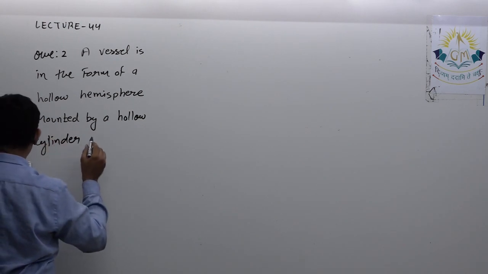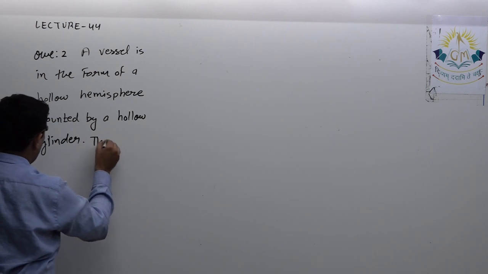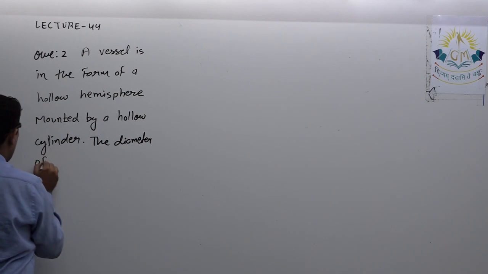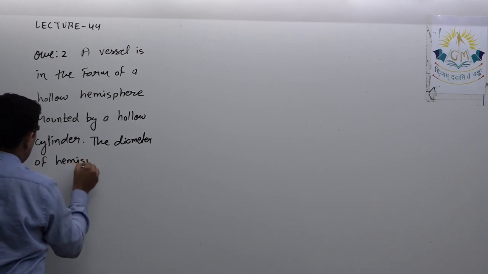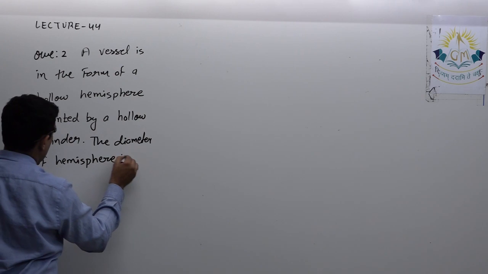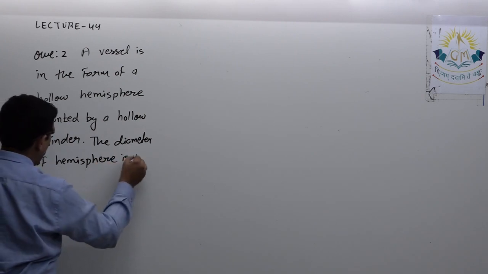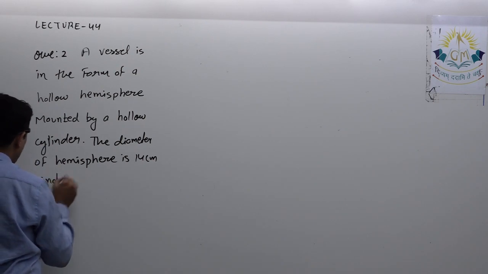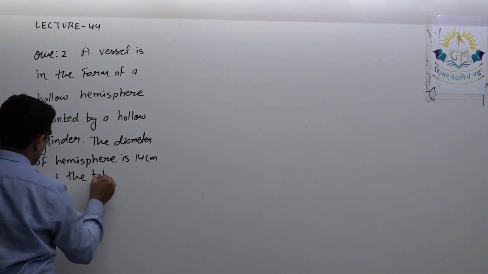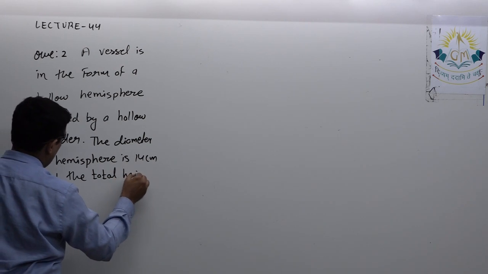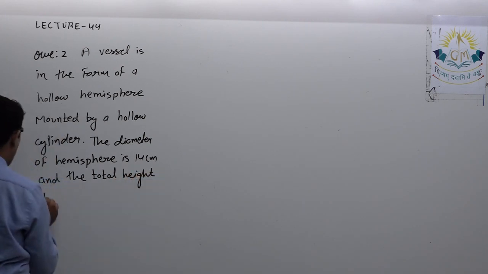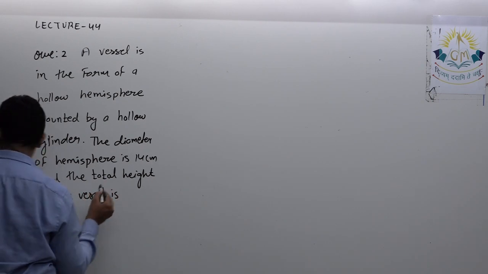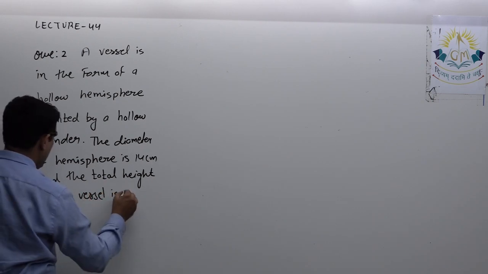The diameter of the hemisphere is 14 centimeter, and the total height of the vessel is 13 centimeter.